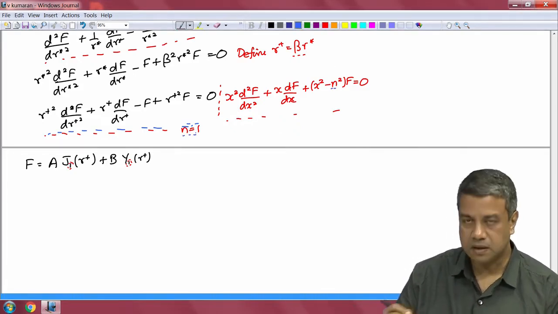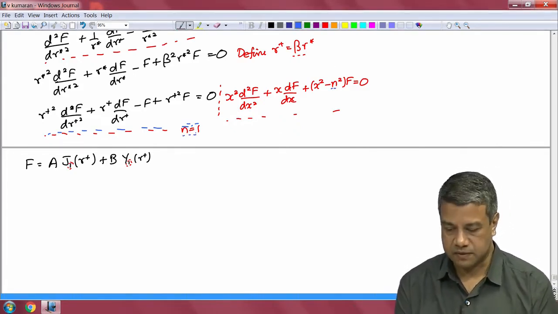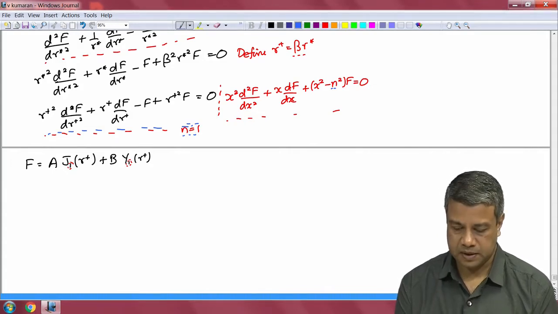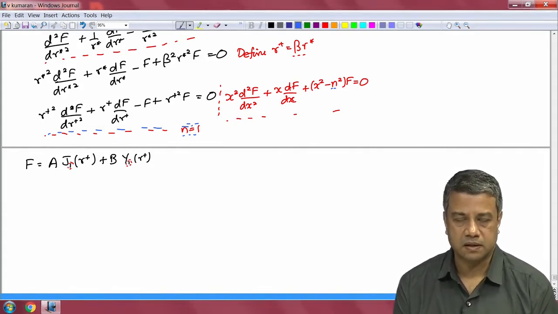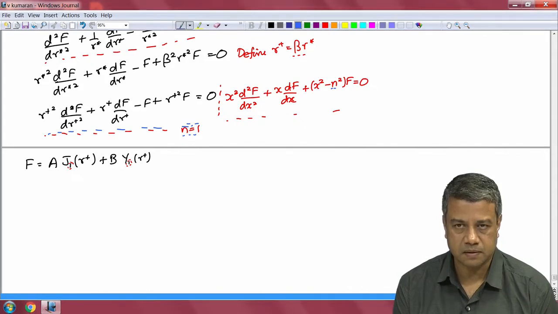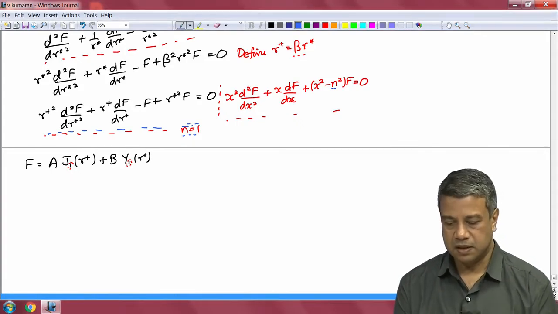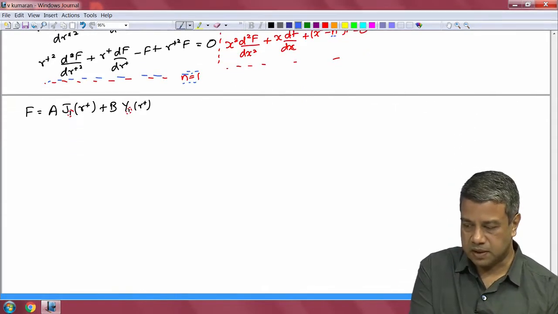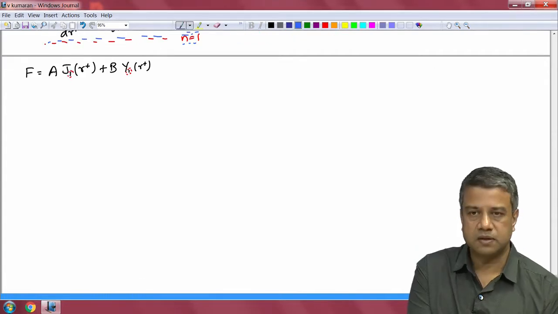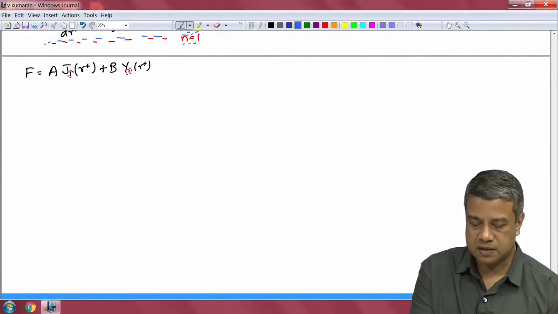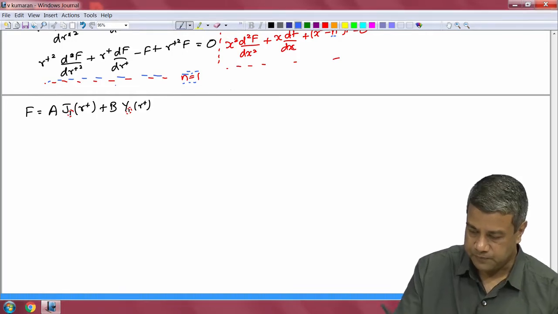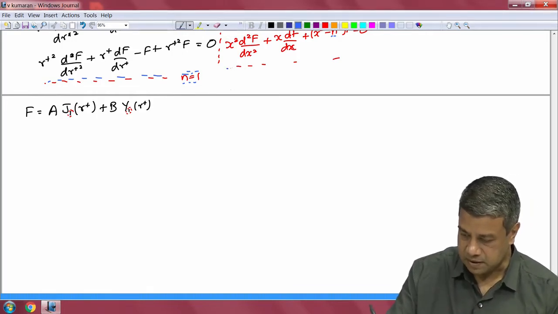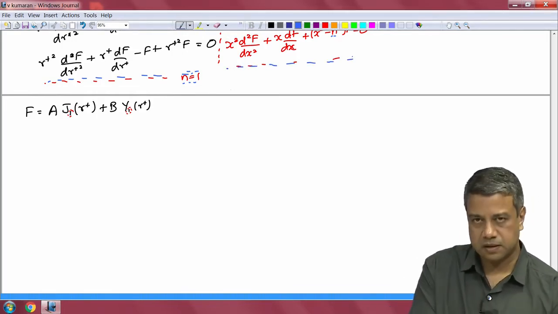Just like the sine and cosine functions we got for conduction from a planar surface, and the solutions we got for J0 for the temperature profile, this is a solution of the Bessel equation with n equal to 1.